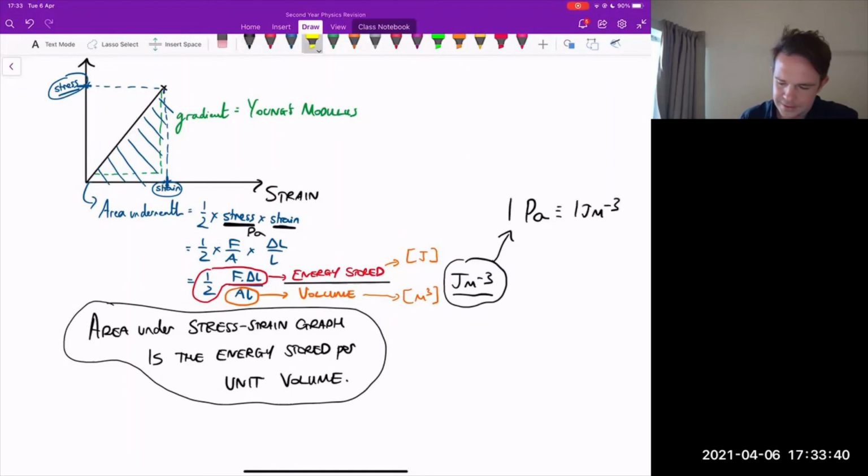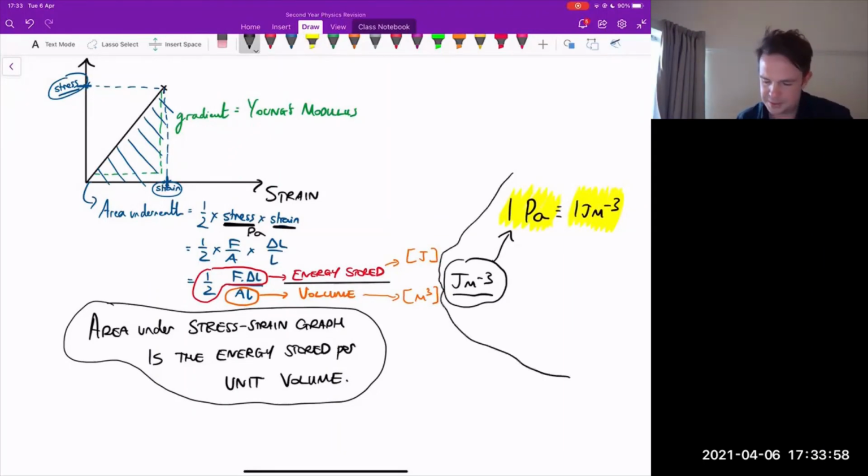So you can go away and think about that one, that the unit of pressure ultimately has the same dimensions as energy per unit volume. Anyway, don't worry too much about that. That's just an observation which might raise some questions.